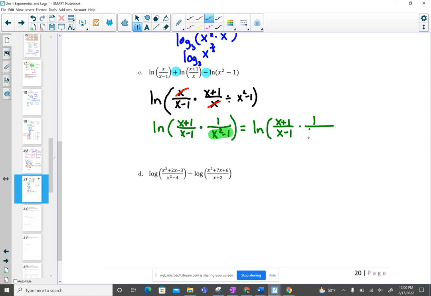And that becomes x plus 1, x minus 1. Now, if you look, there's an x plus 1 on the top and on the bottom. So really, we're just left with ln of 1 on the top and an x minus 1 squared on the bottom. And that would be as simplified as you can get it.